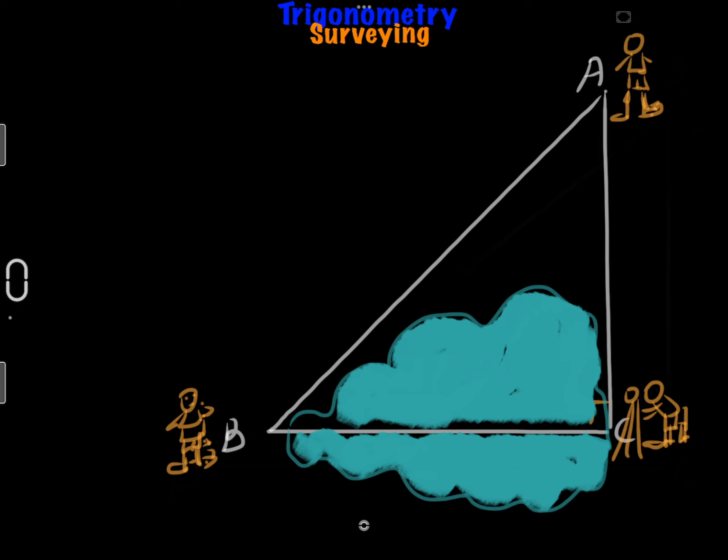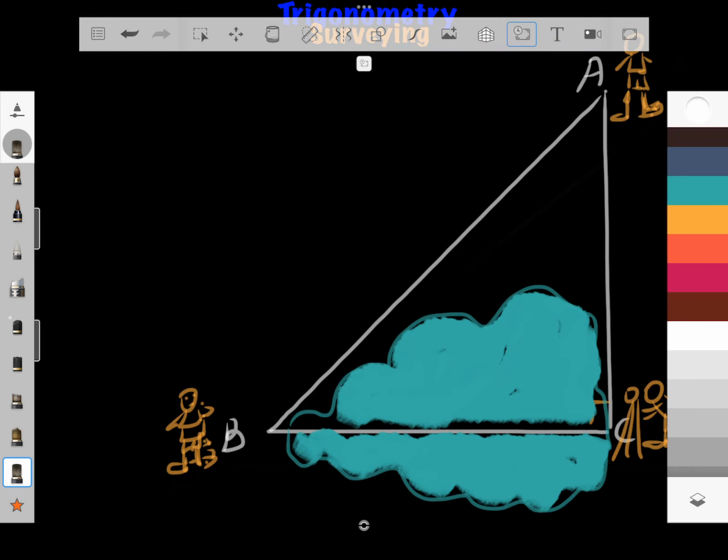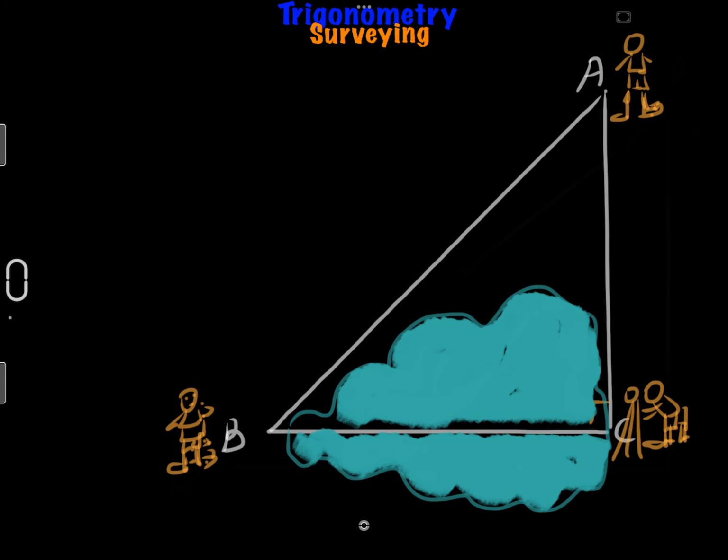Now let's look at some of the information that is given here. It says the distance from A to B is 200 meters. So we know now that the distance from this point, I need to use a different color to indicate this. The distance from A to B is 200 meters.